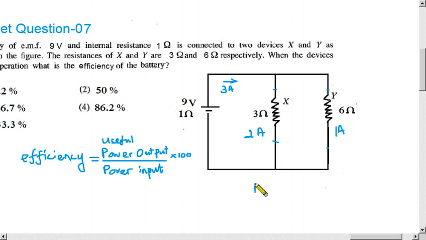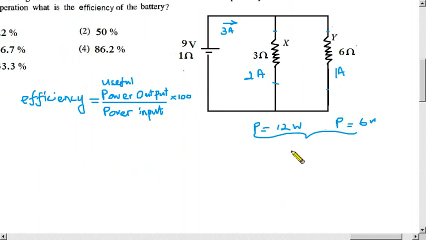So power is I squared R, 4 times 3, 12 watt. Here power is 6 watt. Then altogether total useful output power is 18 watt. So you have to substitute 18 here.